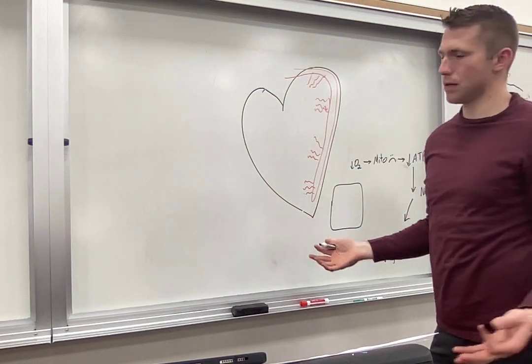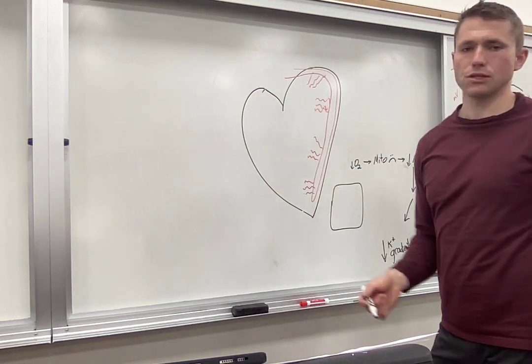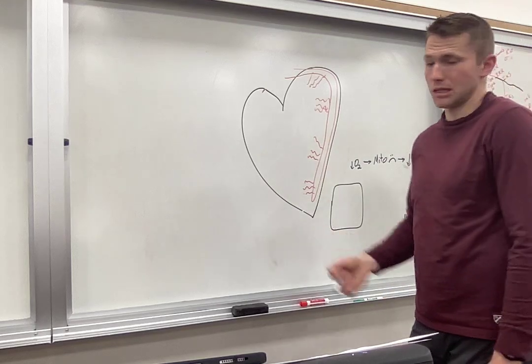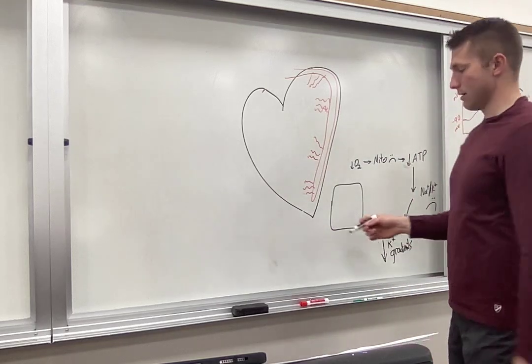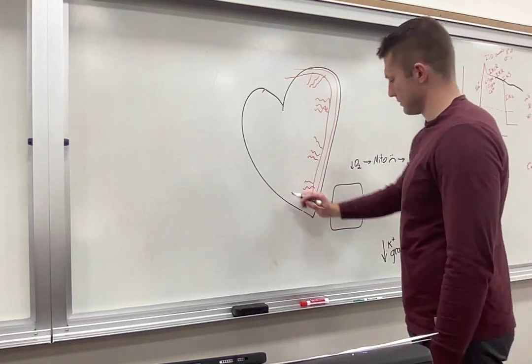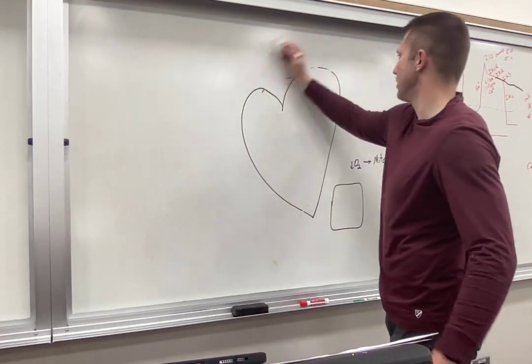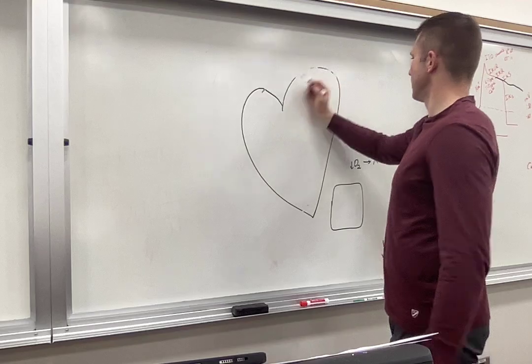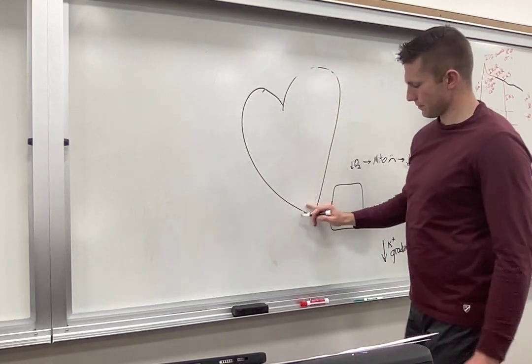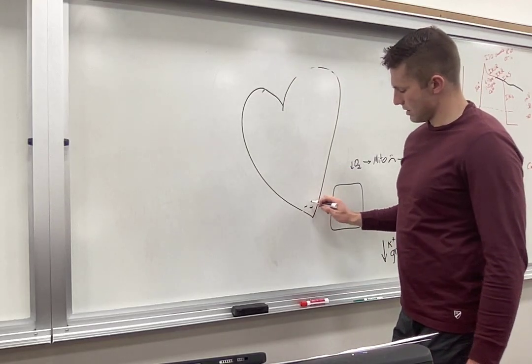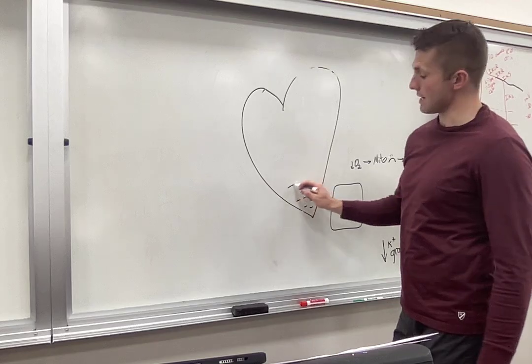Easy peasy, no problem. Sodium loves to rush in, so sodium will come in and make everything negative. I'm going to erase this artery. That's the coronary artery, by the way. Some branches coming off of it. And so the whole heart is negative.